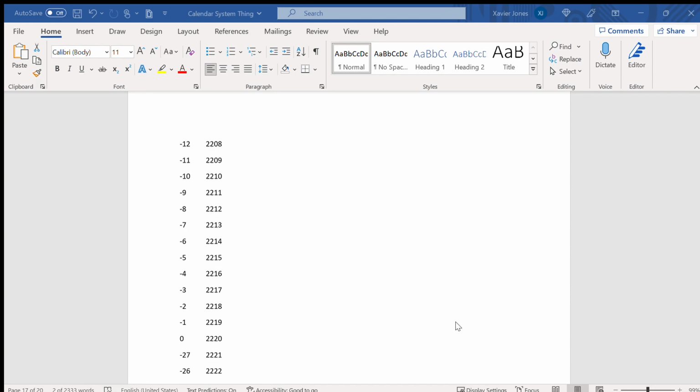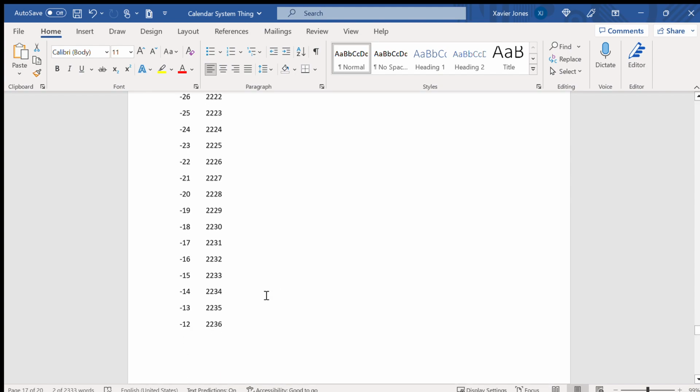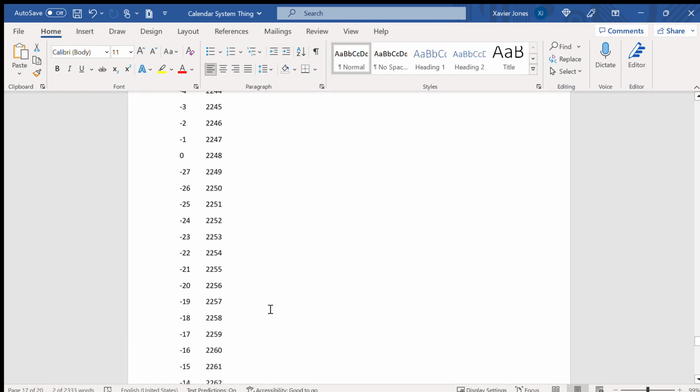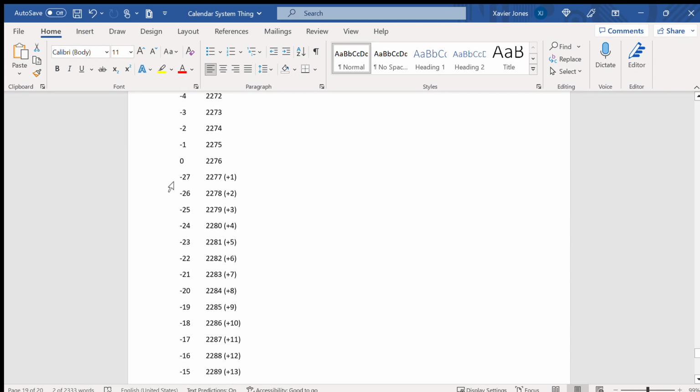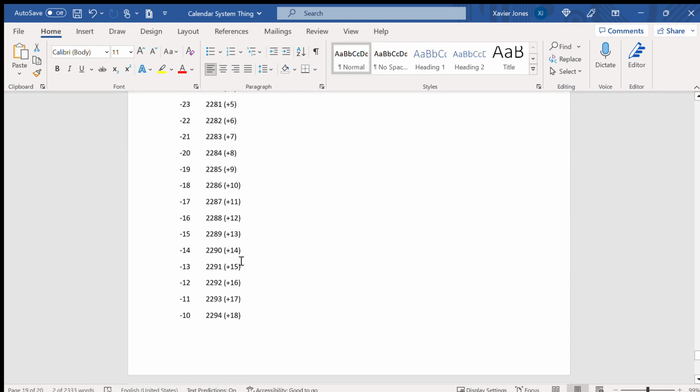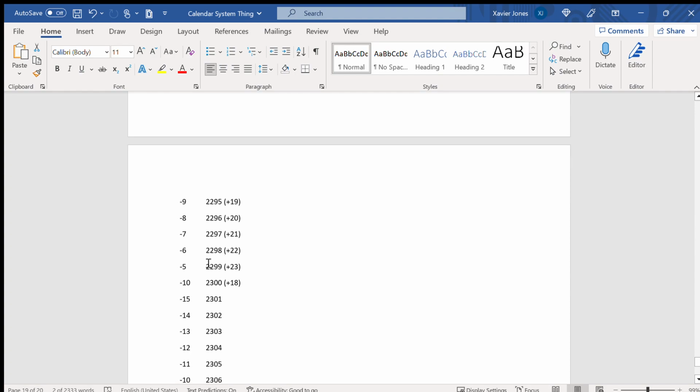2172 to 2212 is also 40 years. Maybe it's just 40 years every time. I think it might be. Let's triple check. So this one breaks at 4, for example. You wouldn't get to 4.